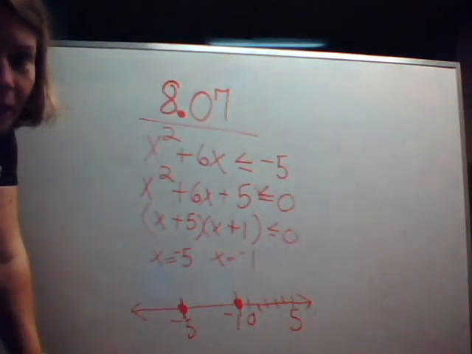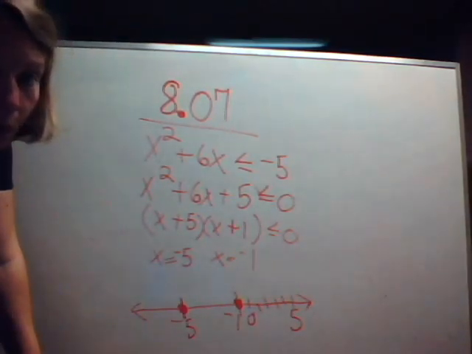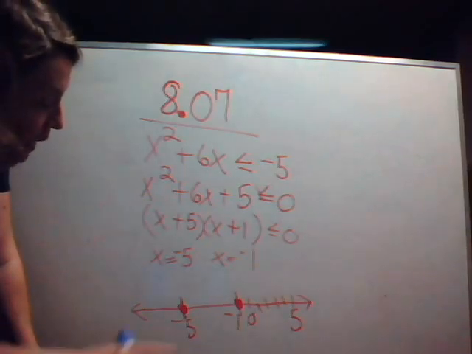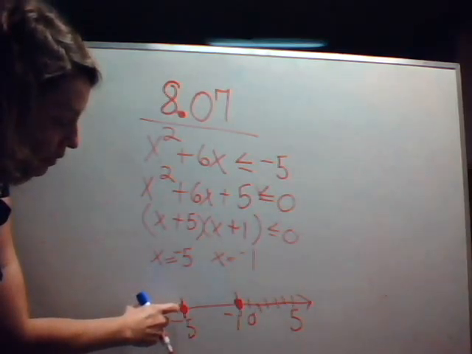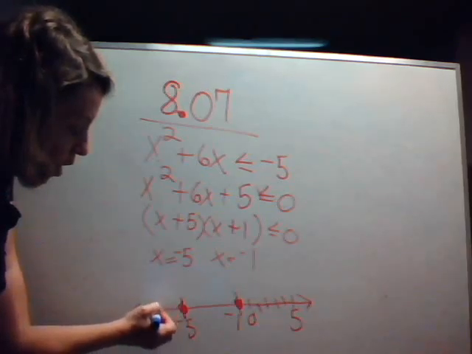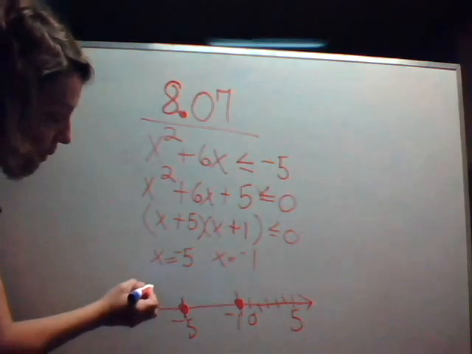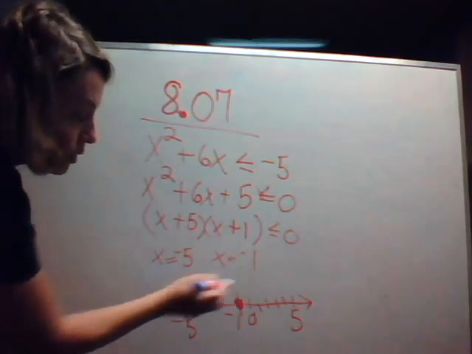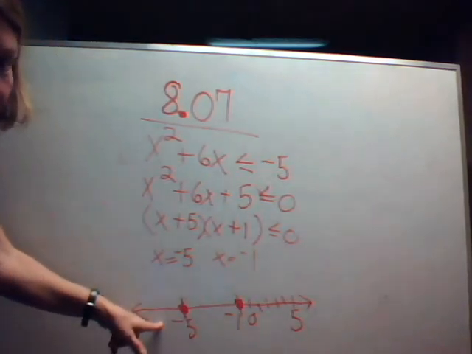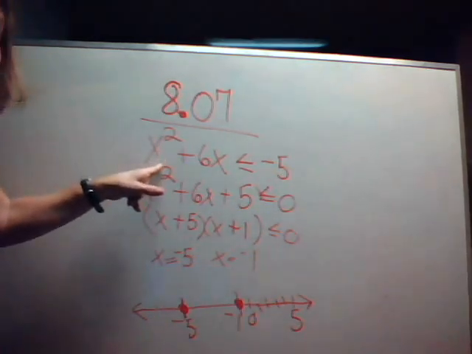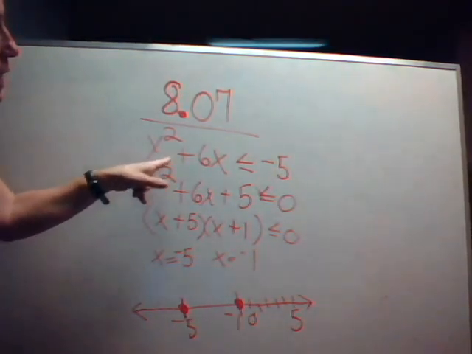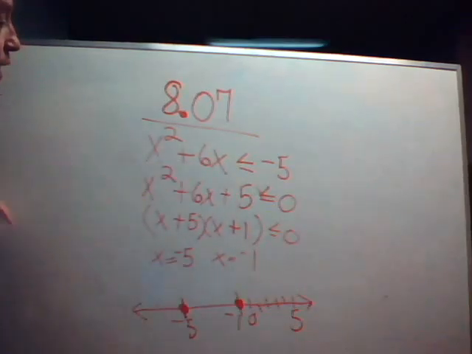Okay, the next thing I'm going to do is I'm going to test points in each region. I know that it's probably either going to be both away or both towards. So I'm going to test points in 3 different regions. So let's start out here at negative 6. I'm going to plug in negative 6 into this and see if it ends up being less than negative 5.